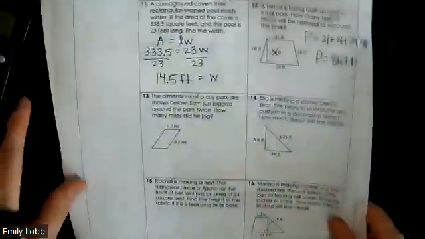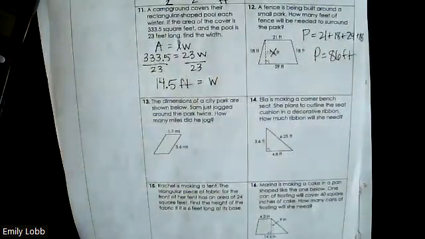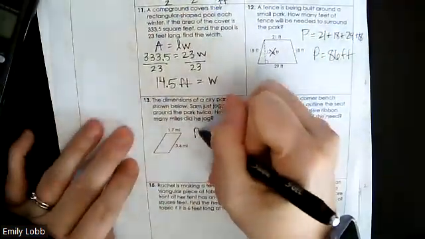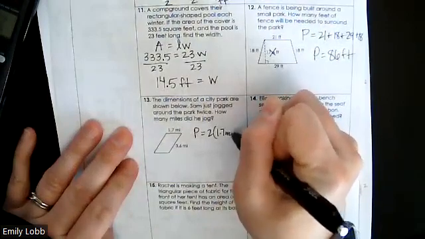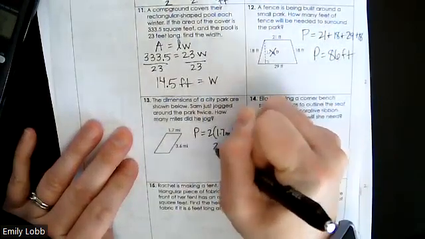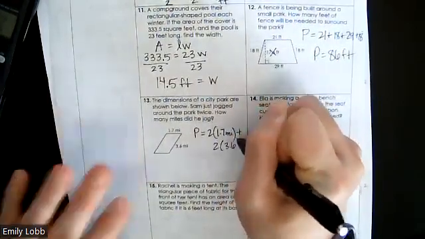All right, the dimensions of a city park are shown below. Sam just jogged around the park. So what are we talking again? Perimeter. We have 2 at 1.7 miles plus 2 at 3.6 miles.